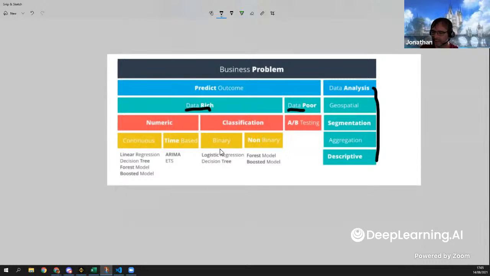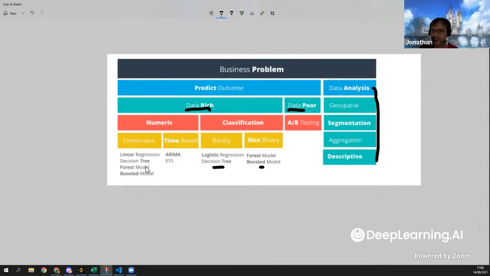Then, straight below, there are some ideas of what models we could use. For binary, there's logistic regression and the decision tree, and for non-binary, random forest and boosted models. If we're facing a numeric business problem, then are we looking at a continuous or a time-based problem?